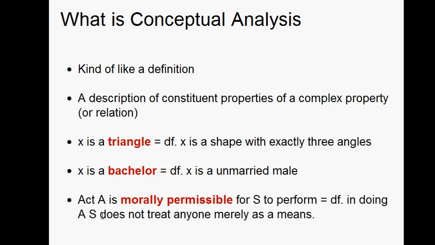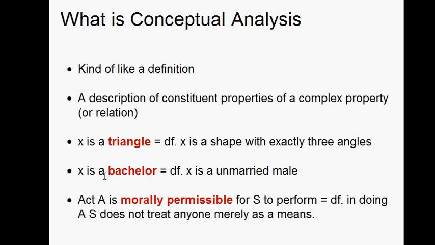Now, some other things about conceptual analysis that I don't have on the chart here. You want these things to be not circular, so you wouldn't want to define bachelor by using the term bachelor. That's not really an analysis. You would want these things to be informative, so the idea is if you've got a property on the left-hand side that you're analyzing, you want to make sure that the properties on the right-hand side sort of illuminate the concept in some way, so that it helps you understand what it is you're dealing with.